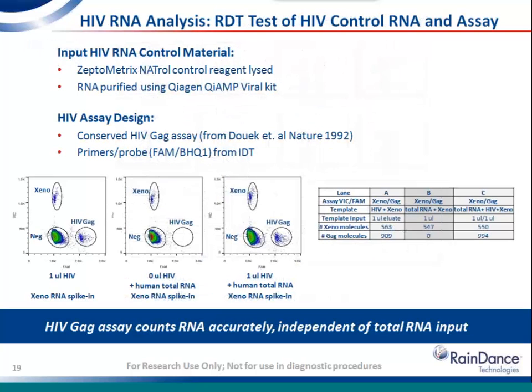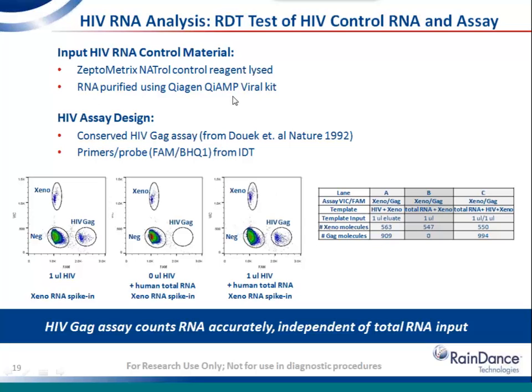Now, what about directly counting HIV RNA? For the initial experiments, I first needed to get the relevant material and assays, and I purchased Zeptometrix natural control reagent. This is a viral-like material that is used as a control in the industry.